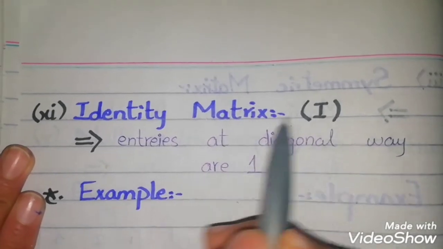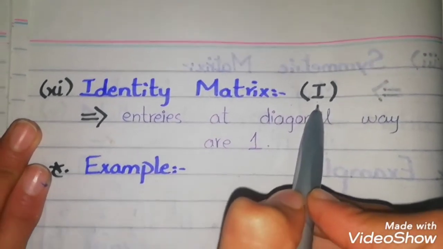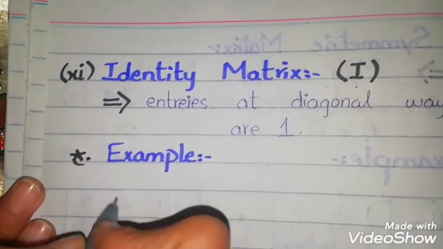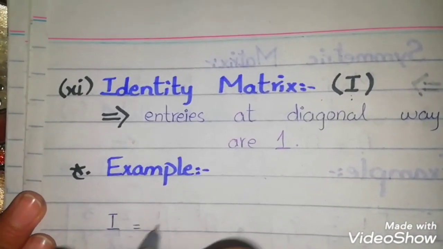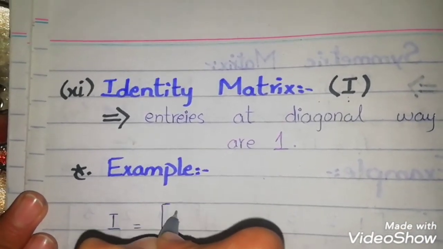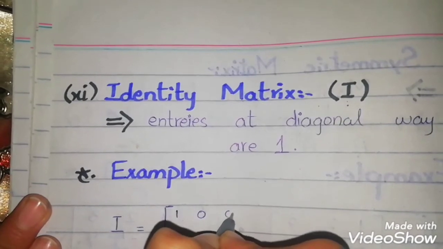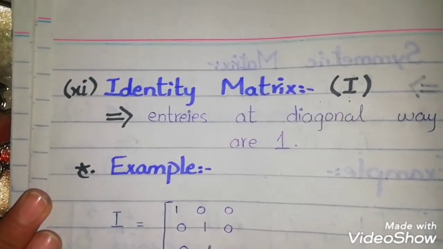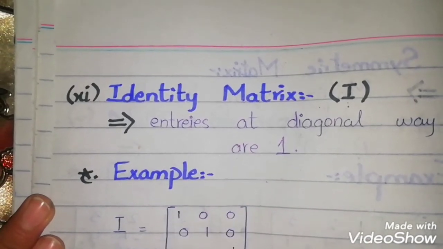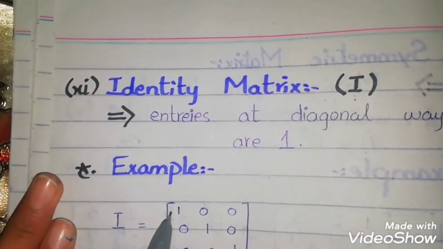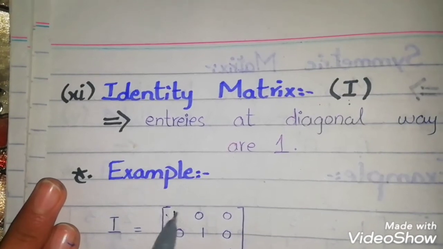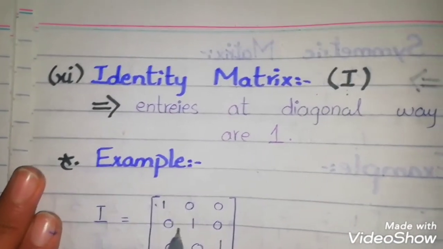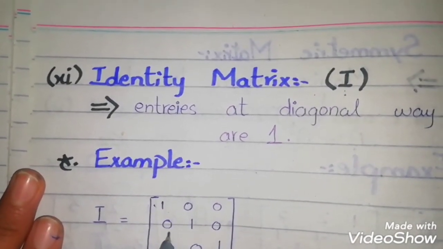It is represented by capital I. For example, [1, 0, 0; 0, 1, 0; 0, 0, 1]. All the entries at the diagonal way are 1 and all non-diagonal entries are 0.